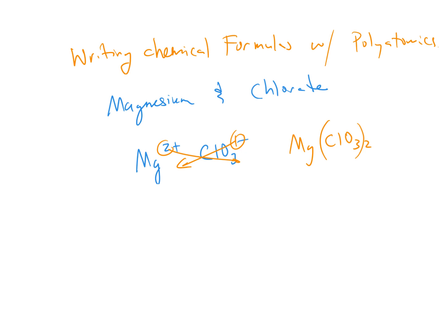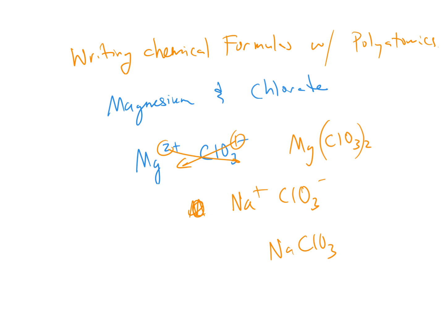Can we just always put parentheses around the polyatomic ion? Would that be okay? What if we have, let's say, sodium and chlorate? This is going to be NaClO3. We can either write it like that, and that's commonly what it's written as.